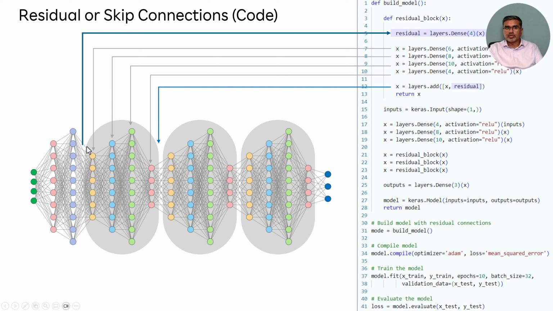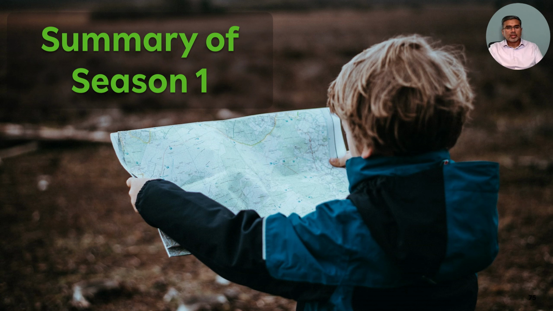Whatever you saved here, you basically add it there. This is your block. Then you can stack up all these blocks and build out a neural network like this. So it's a very straightforward implementation. All you're doing is saving the input here, and then you add this input to whatever is output here, and so on. Okay, that's what your residual connections or skip connections do.